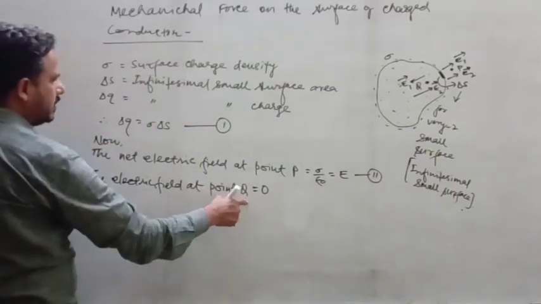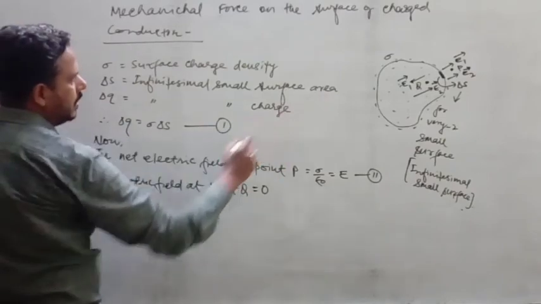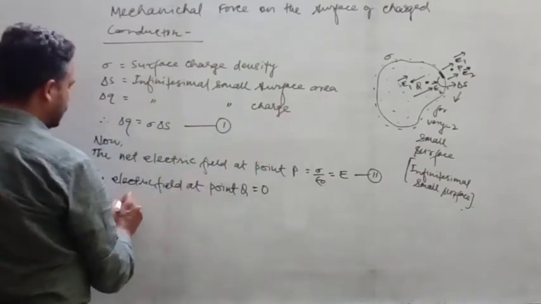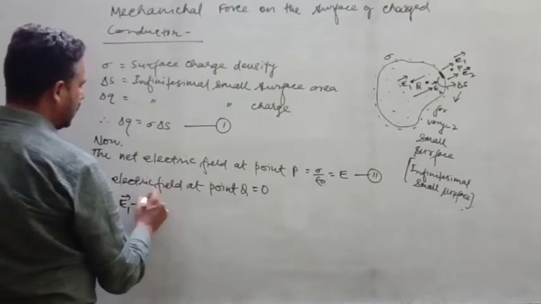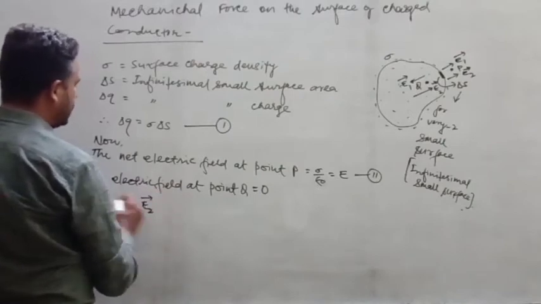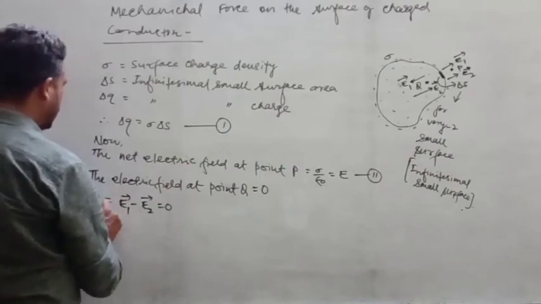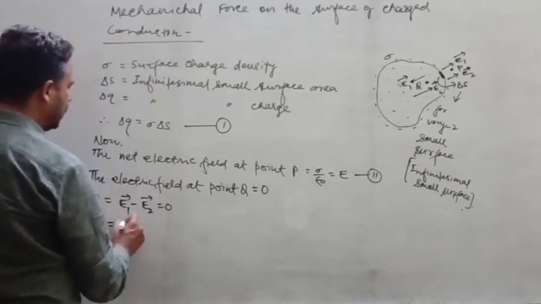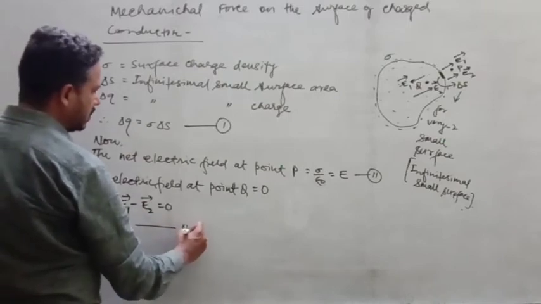So this is E1 plus E2. If E1 is positive, then E2 is in the other direction, so it is minus E2. Since the field at Q is 0, this is equal to 0. That's why from here you get E1 is equal to E2. This is your next equation.